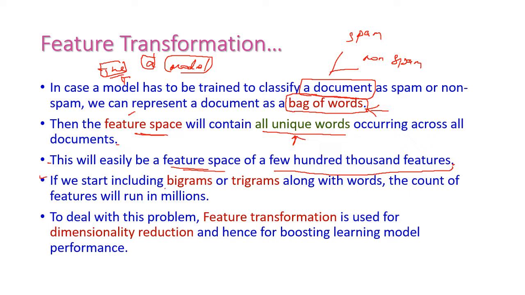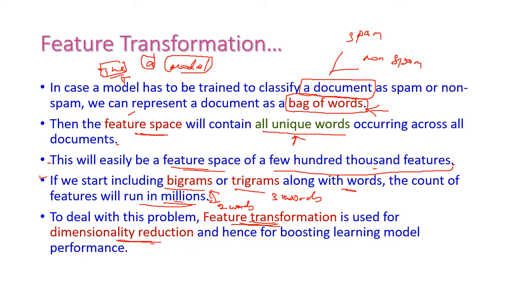If we start including bigrams or trigrams, bigram means two words, trigram means three words, along with the words, the count of features will run into millions. So from thousands to millions it will increase. For dealing with this particular problem, we can use feature transformation, and in feature transformation we implement dimensionality reduction.